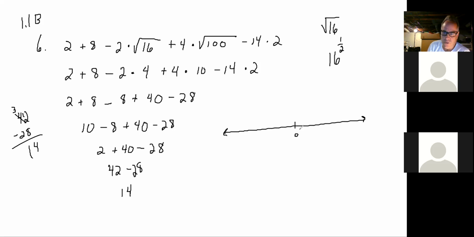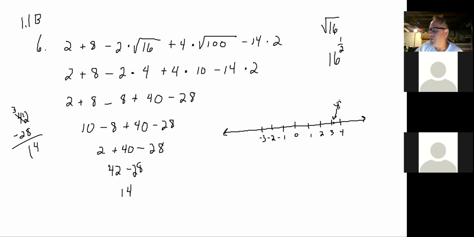The origin, which we call 0, and then we move positive to the right. But any number can fit on here. Negative to the left. And if I were to put pi, about 3.14, it's visually about right there.